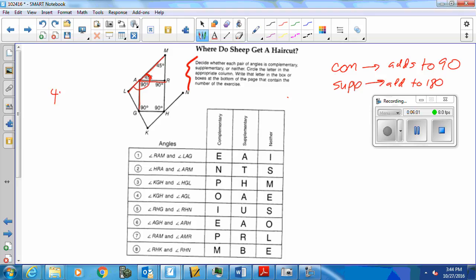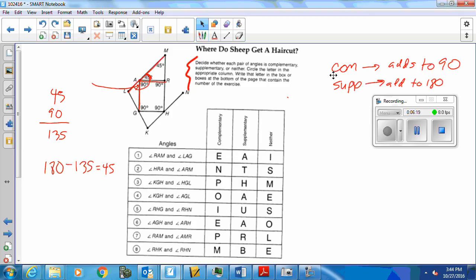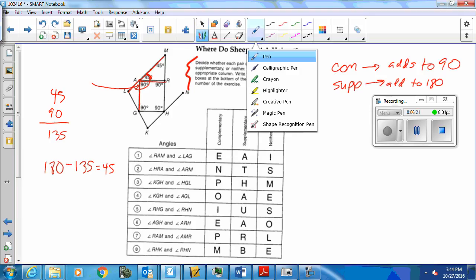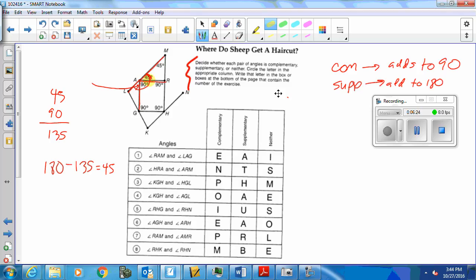So 45 plus 90 is equal to 135. That means this angle here has to be 180 minus 135, which is equal to 45. So the one right here is 45, and the one over here is 45. That means they are complementary. They add up to 90.